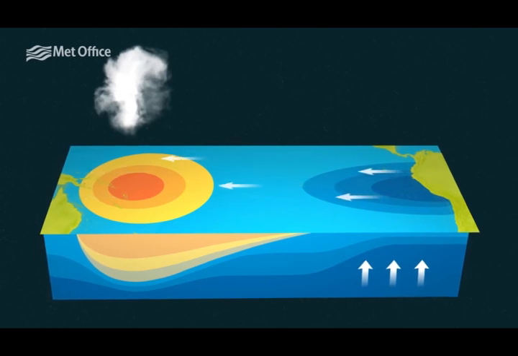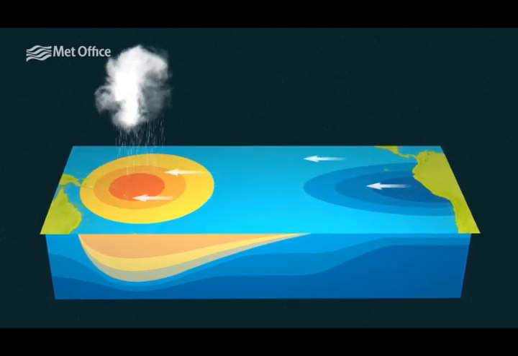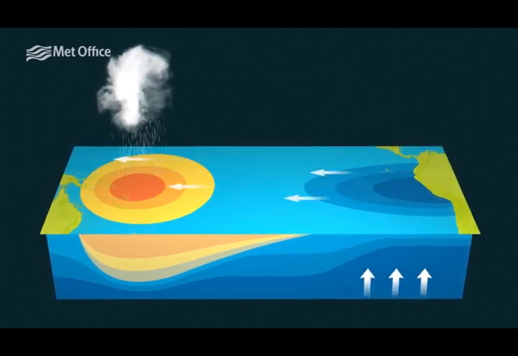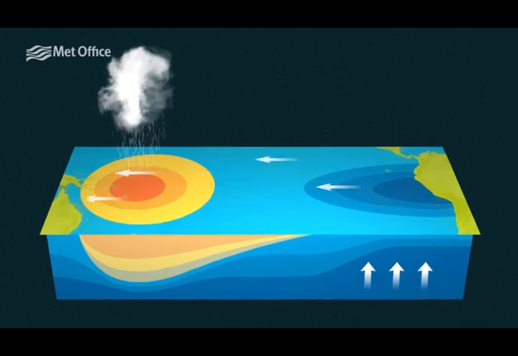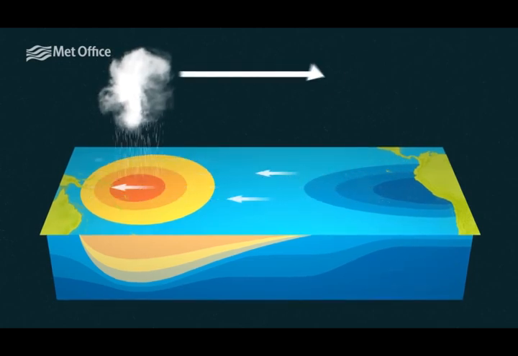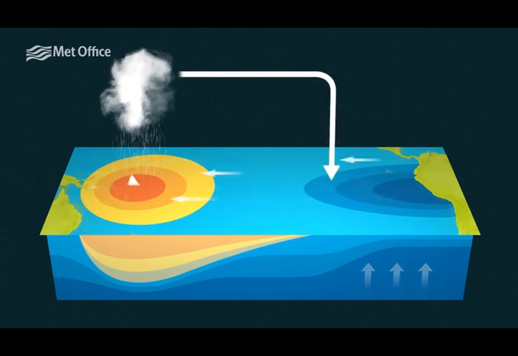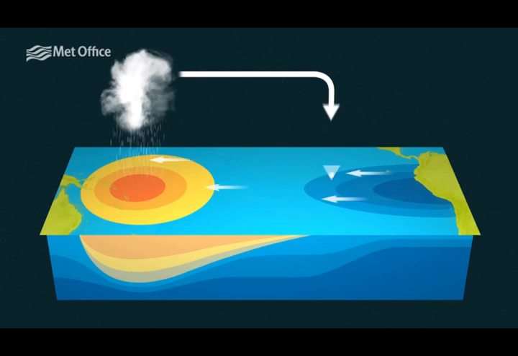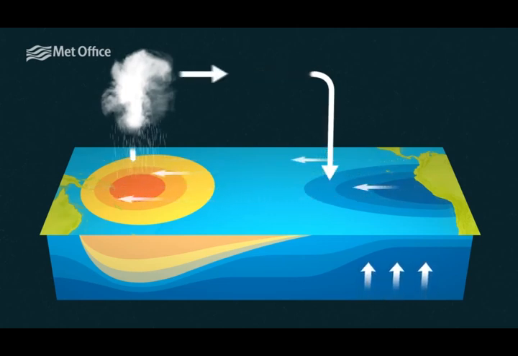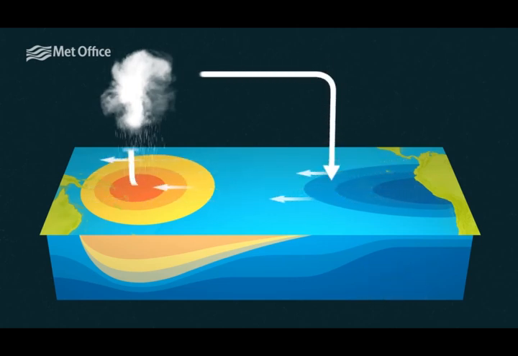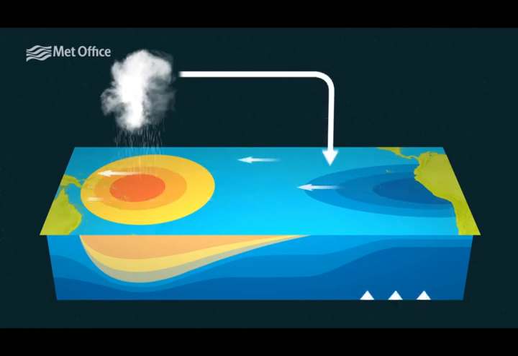That rising air in the west sets up atmospheric circulation across this part of the world, with warm, moist air rising on one side of the ocean and cooler, drier air descending on the other. This circulation reinforces the easterly winds, so this part of the world sits in a self-perpetuating state until El Nino begins.